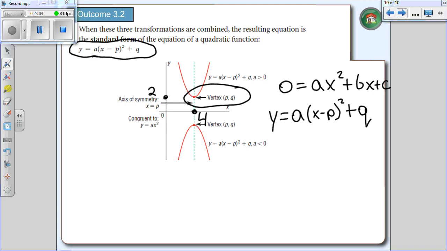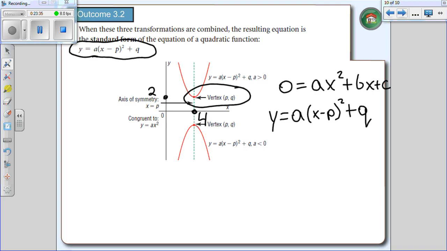Any other questions about this lesson? Now's a good time to ask. Yeah, Zucker. Basically, if you're moving, say, 3 to the right, you don't worry about it being negative, just put it where it is. Exactly. The negative's already there, don't sweat it. 3 to the right, your p-value is 3. Now if you went to the left, your p would be negative, so it would be like minus negative 3, which would make it a positive.